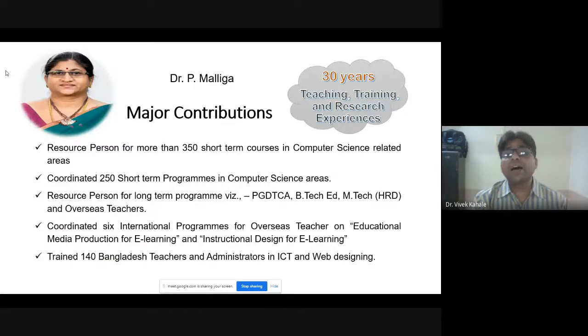Dr. P. Malliga has huge experience, more than 30 years of teaching, training and research. She has a major contribution as a resource person for more than 350 short-term courses in computer science related areas, and she has coordinated 250 short-term programs in computer science areas.